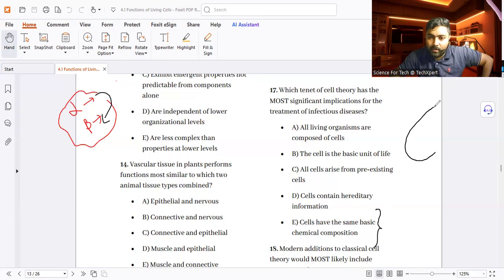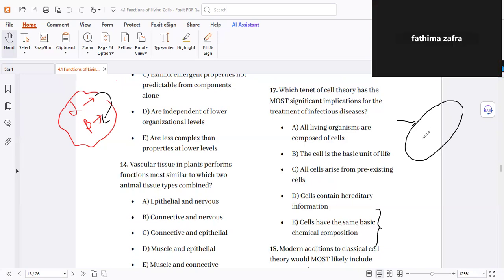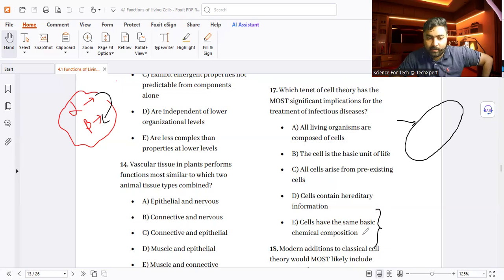Some of the chemicals can attack the cell wall, so when the cell wall is damaged, the bacteria or the fungi get destroyed. Understood? That is the main reason.